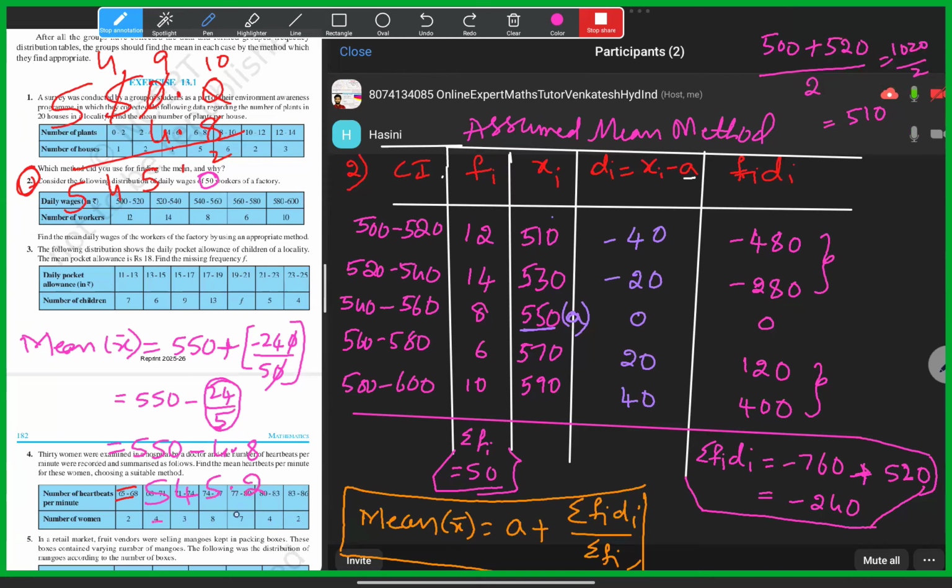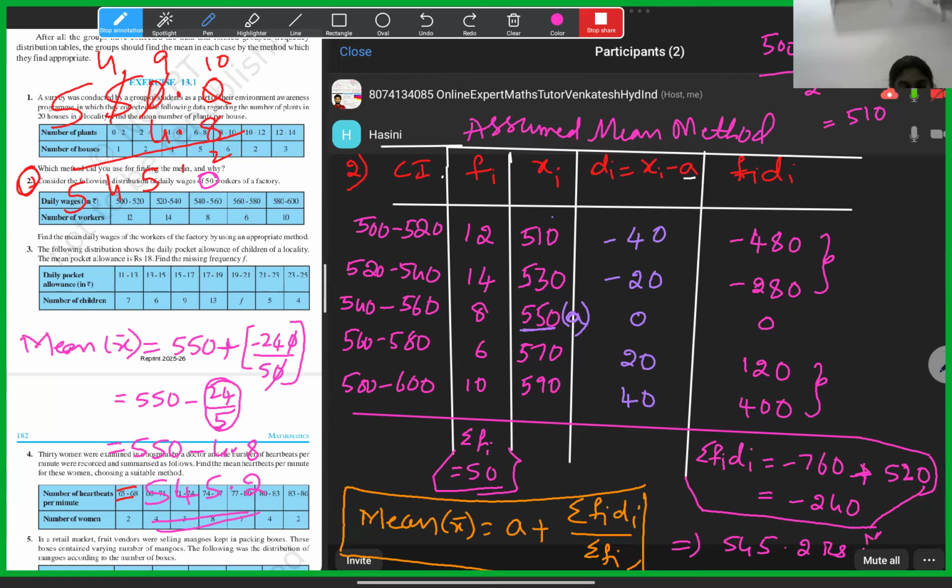545.2 is the mean average wage for the persons. So this value finally we got as 545.2 rupees. Mean wage per person, mean wage of the worker.